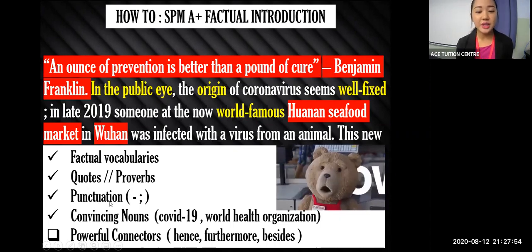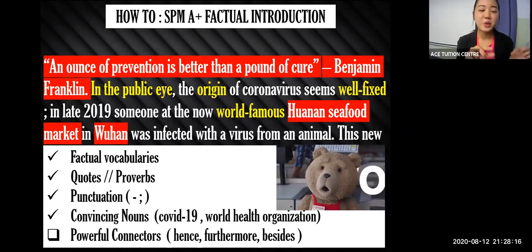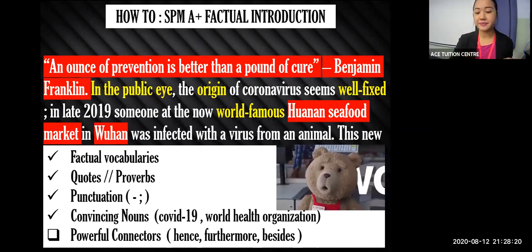You have used convincing nouns like COVID-19 and Wuhan and Huanan Seafood Market. The only thing that we did not use was powerful connectors, meaning to connect your essay. But if you're writing your second, third, fourth paragraph, we will be using a lot of powerful connectors. But for the first paragraph, for this essay, we don't really need it yet. So we will be using the connectors on the second, third, fourth, and fifth paragraph.